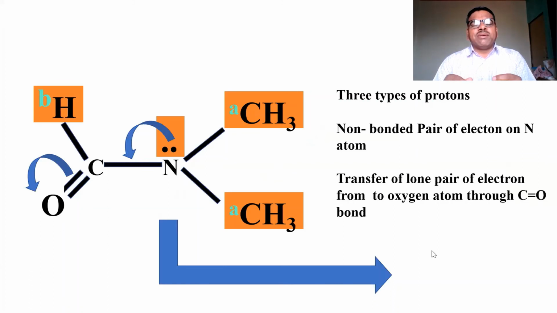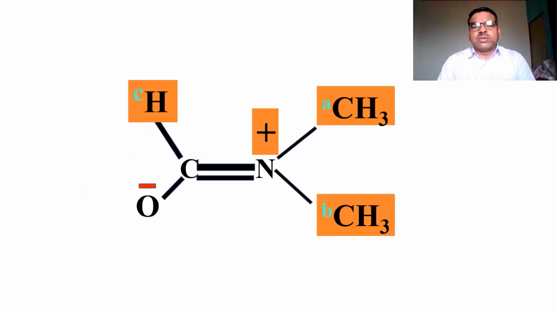But at room temperature or below, the lone pair of electrons on the nitrogen atom can easily move to the next carbon atom, and ultimately to the oxygen atom. Therefore, free rotation is not allowed. So at elevated temperature you get this kind of situation, but at normal temperature and below, we have this kind of picture.